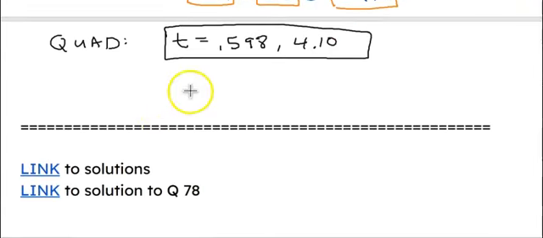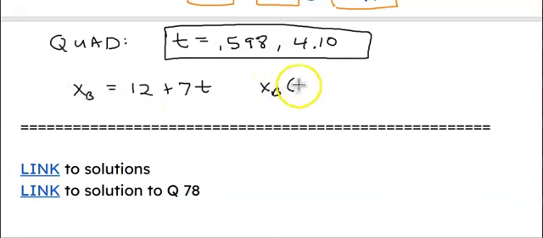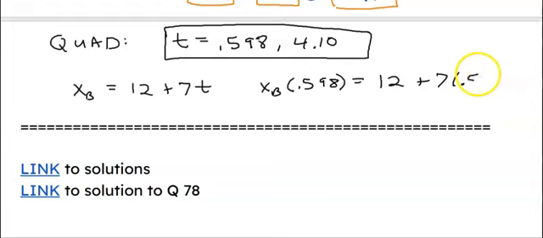We're going to take each of those times and plug it into the balloon function, because it's such an easier function. So the position function of the balloon was 12 plus 7t. We're going to find that function evaluated at 0.598, and that is 16.2 meters.